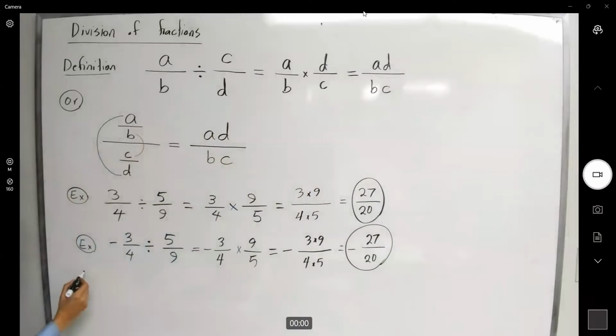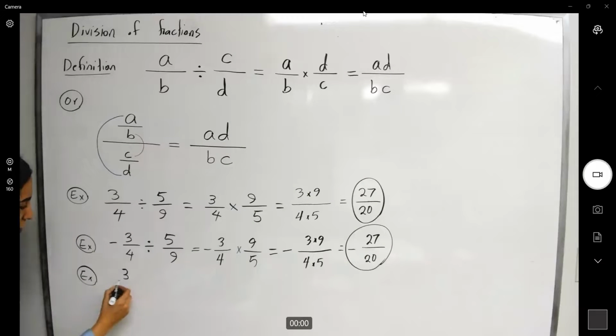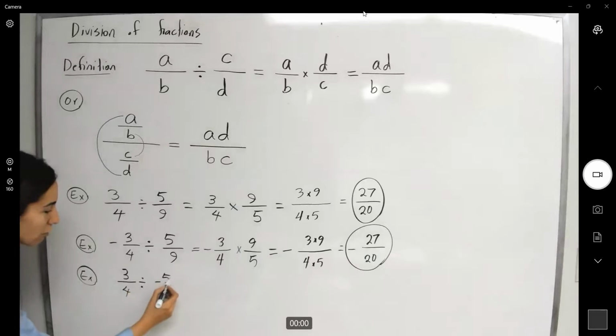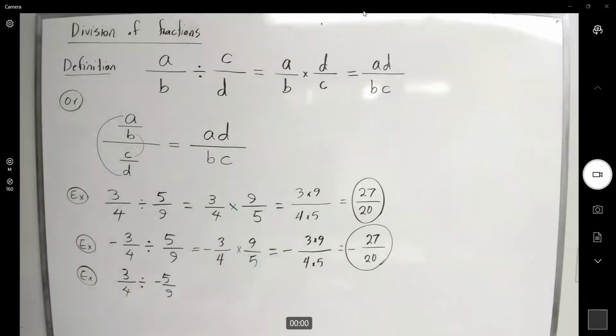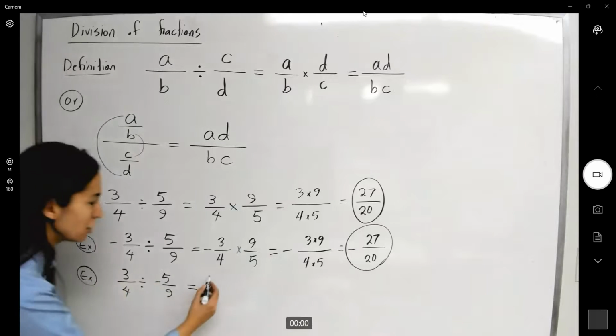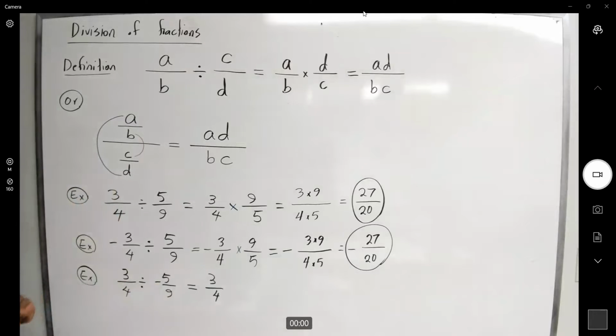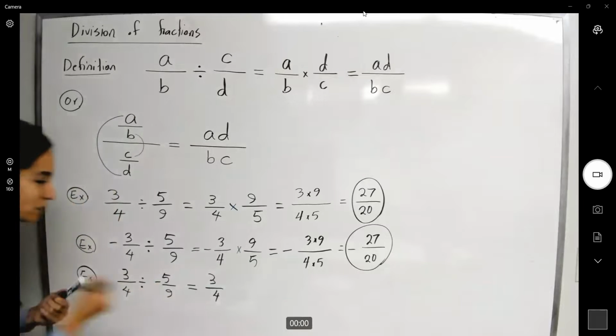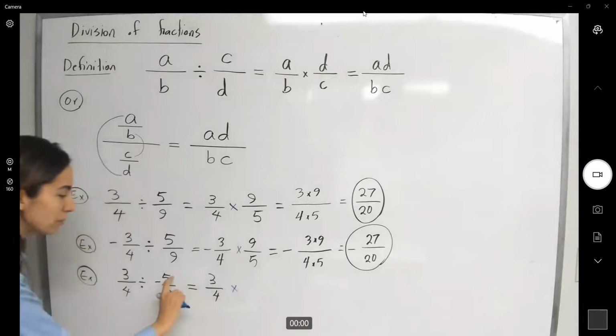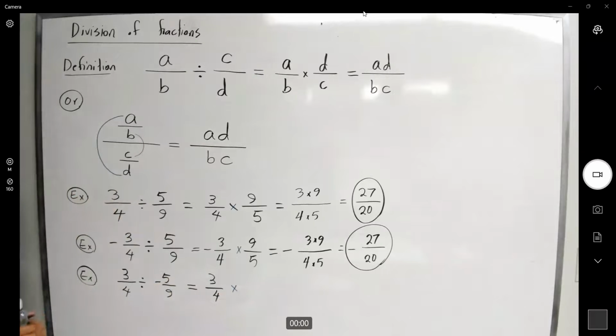Another example for you. Suppose my second number is a negative number. So now I have 3/4 divided by -5/9. Very well. This guy is the same as 3/4. We're going to copy this down, 3/4. Then this division becomes multiplication. And you're going to just flip the second fraction and keep its negative sign.